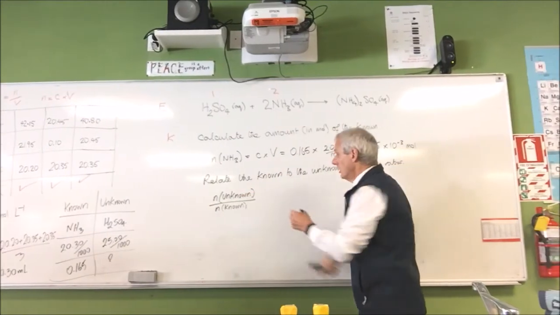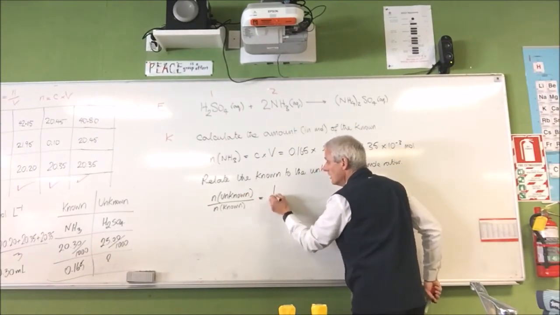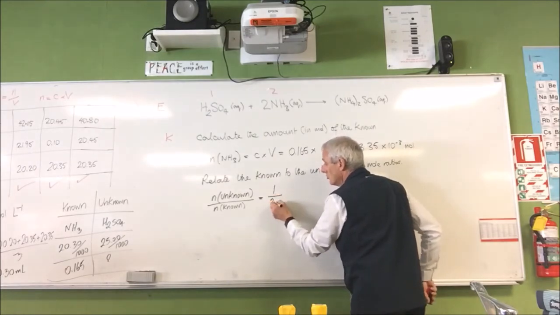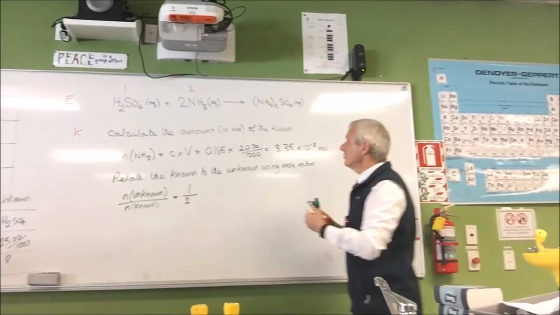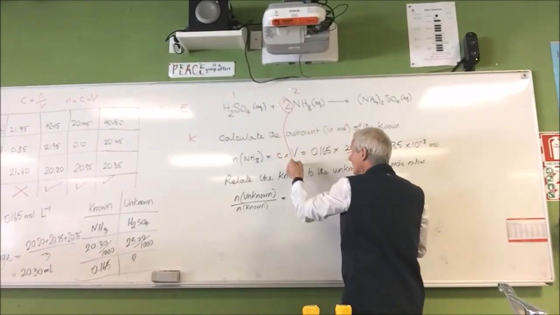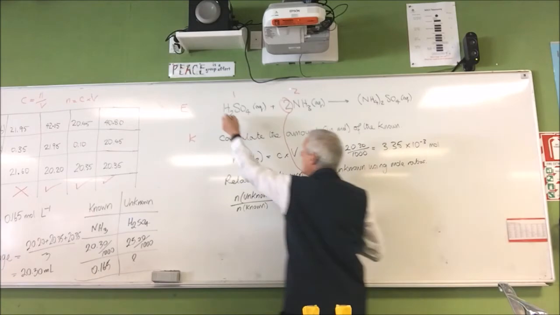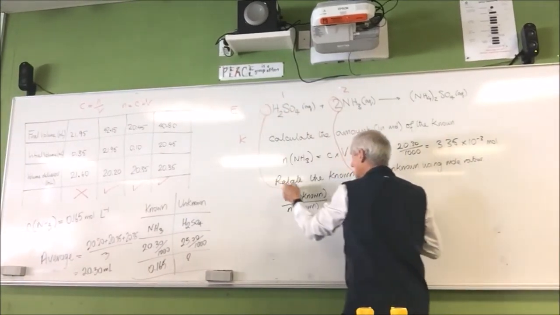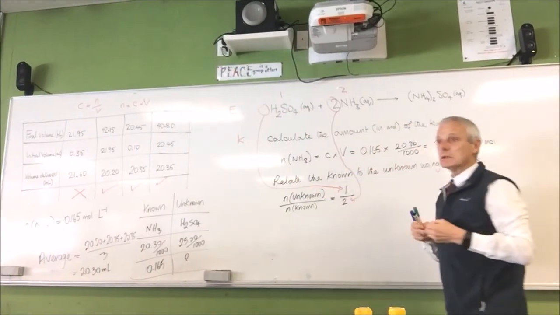Okay? So our unknown is equal to 1, our known is 2. Just to remind you, or to highlight it, that bit goes there, and that bit goes there. Okay?